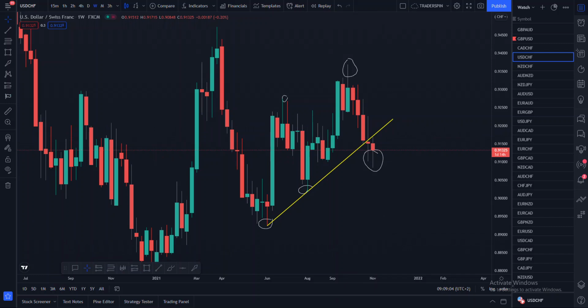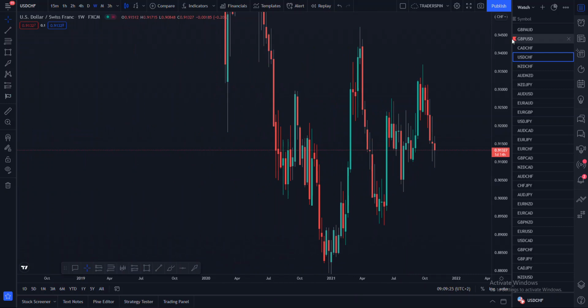But I'm trying to simplify things to that extent where even beginner traders can actually understand what I'm talking about.